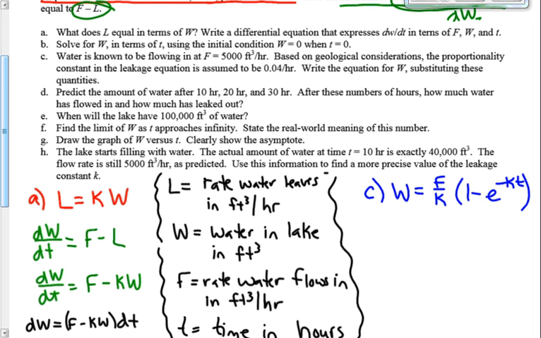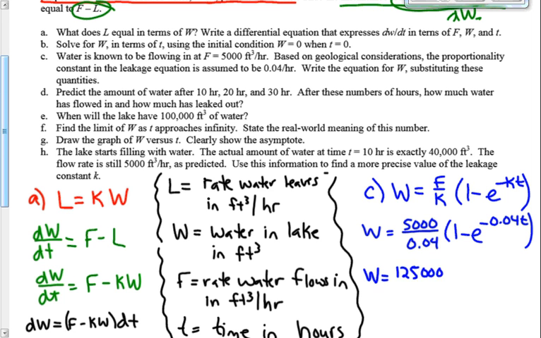So I know that my F is 5,000 divided by my K, which is 0.04, times 1 minus e to the negative 0.04 t. And I can simplify that if I wanted to, or I can leave it alone. This number is 125,000. So that's part C. There's our equation.